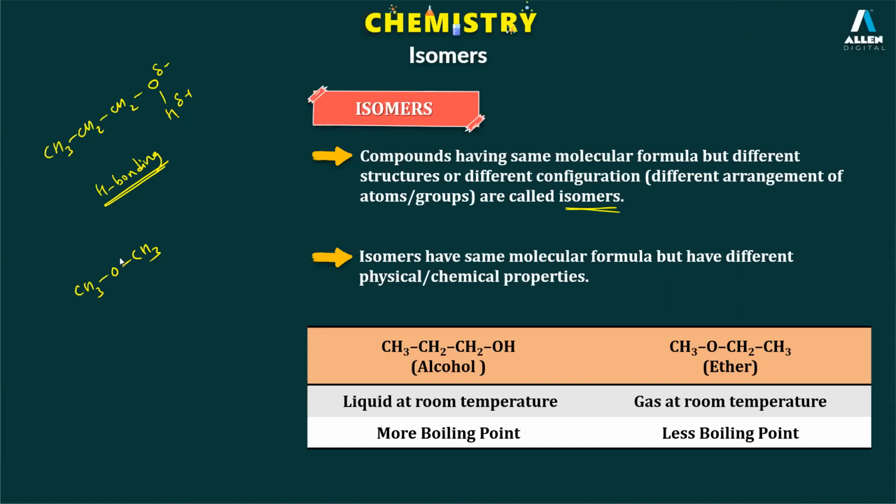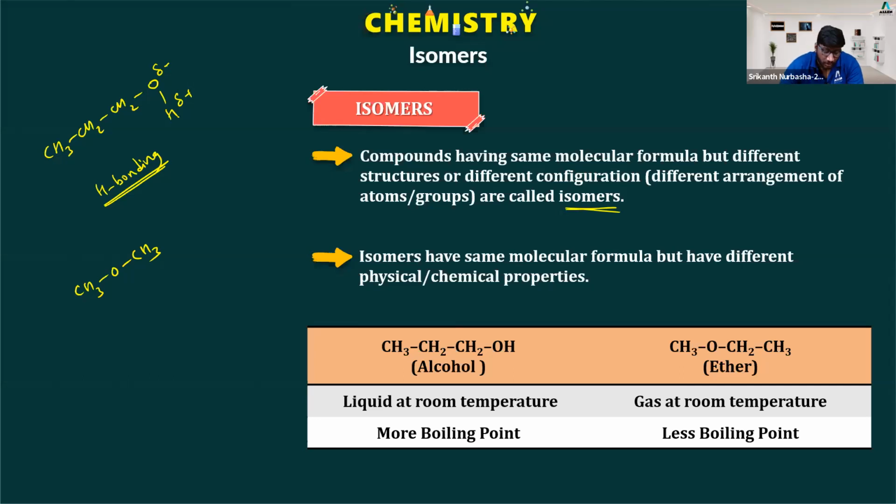Dipole moment depends on what factors? Dipole moment is there for this ether CH3OCH3, yes or no? All of you try to answer. Sir, the two lone pairs are present. Yes, dipole moment is present. Lone pair is present, that's why.